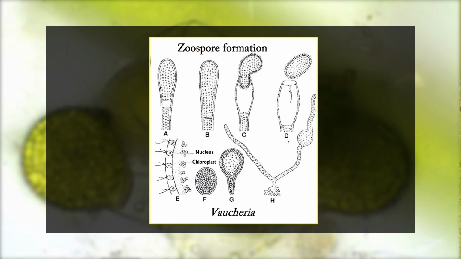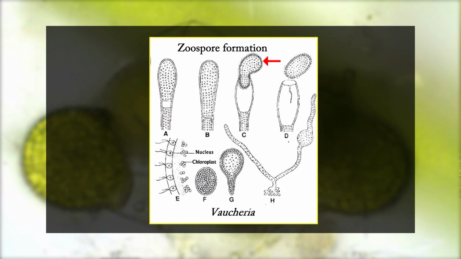Its central vacuole gradually decreases in size so that the nuclei gradually move towards the center. It is followed by reappearance of the central vacuole that pushes the nuclei towards a peripheral position. The chromatophores move from the periphery towards the center.